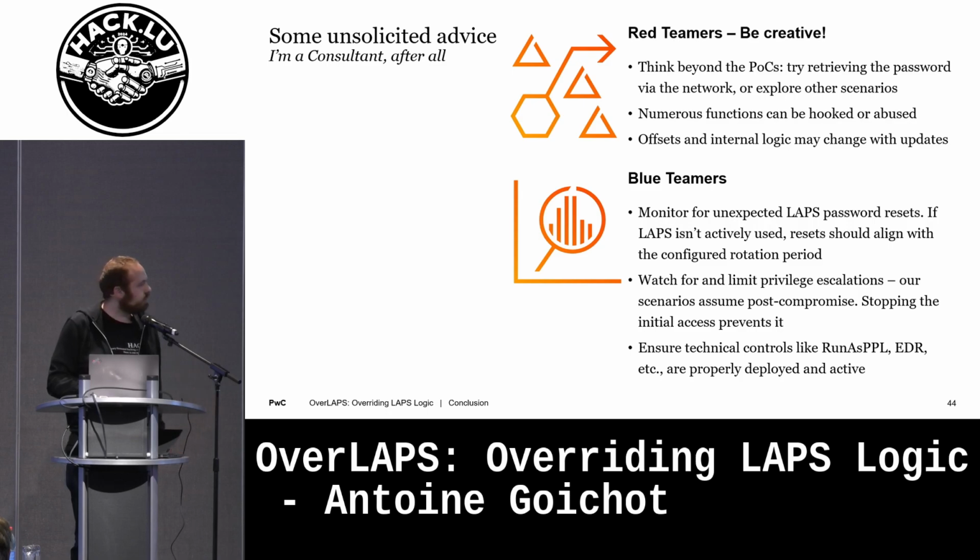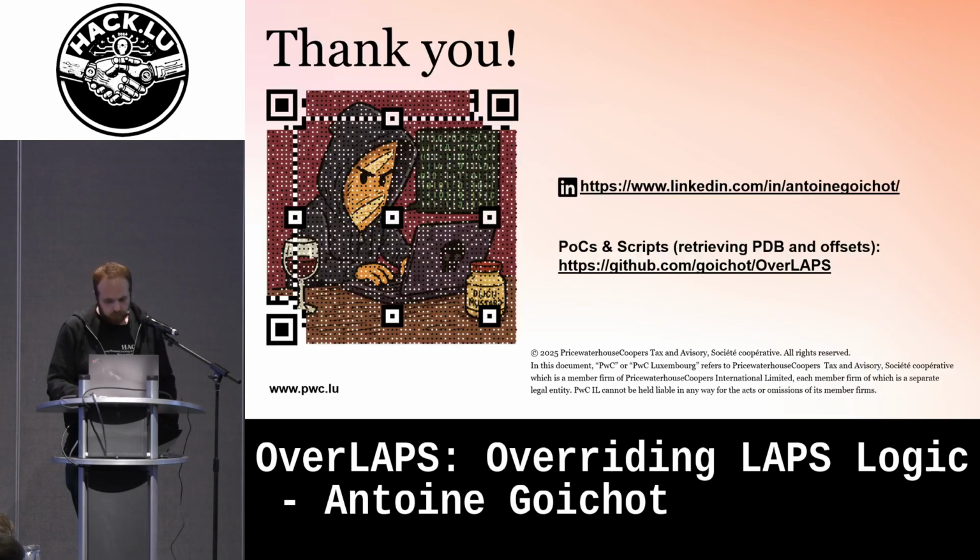Of course, watch and limit privilege escalation, because we assume we were in a post-compromise scenario, with local admin or system privileges. If you stop the root cause, it will prevent this attack, and of course, ensure your technical controls are in place.